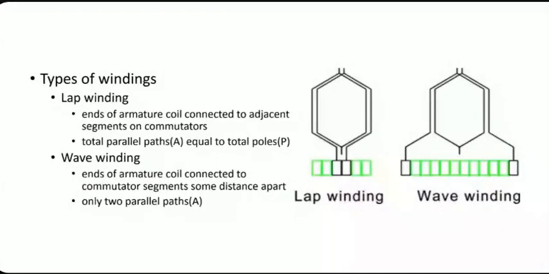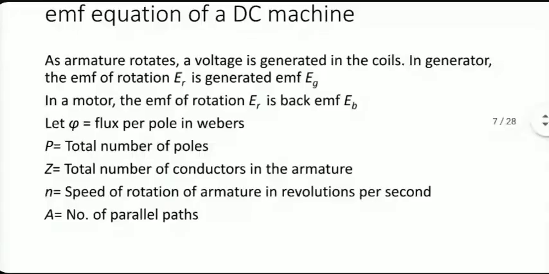In the lap winding, the two ends of a given loop are connected to adjacent segments on the commutator, while in a wave winding, they are connected to segments far apart. There's a lot of detail here. I'm not going to be able to show you all the drawings, but at least remember these words for now. Both types of windings have their own pros and cons.